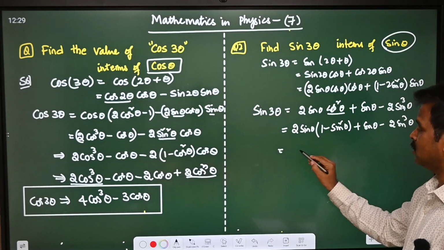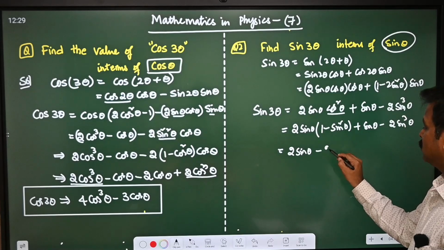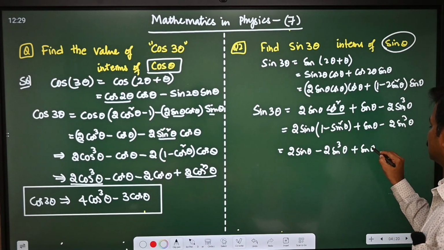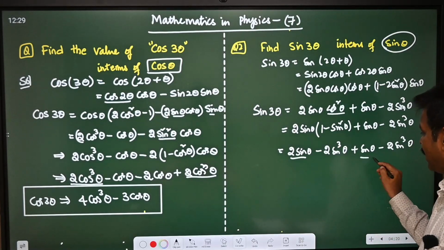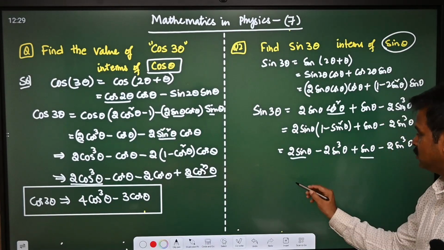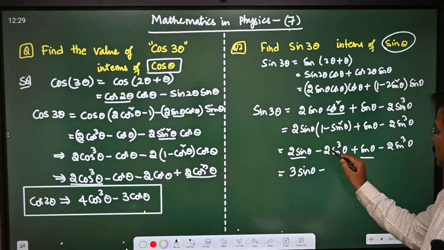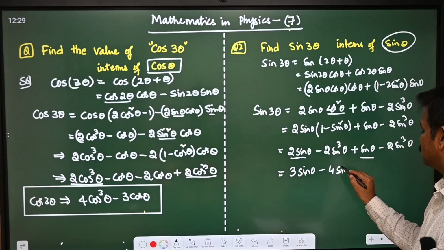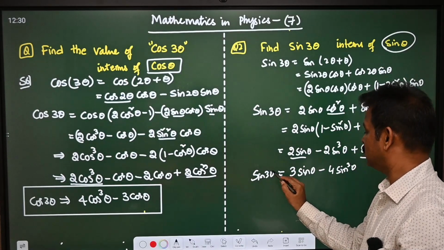From this, 2 sin theta minus 2 sin cube theta plus sin theta minus 2 sin cube theta. And we can add this as 2 sin theta plus sin theta, which is equal to 3 sin theta minus 2 sin cube theta, 2 sin cube twice becomes 4 sin cube theta. This is sin 3 theta.